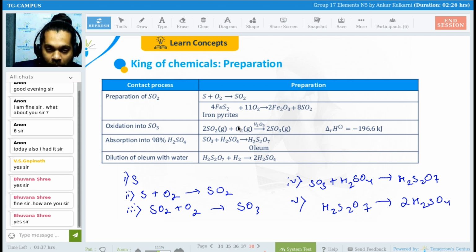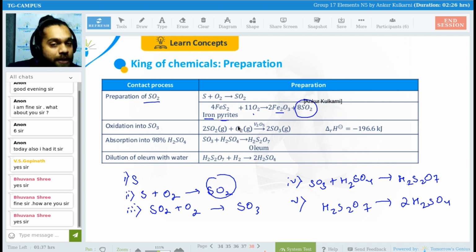This is how simple it is. First we prepare SO2. Generally, we prepare it from the ore. I hope we have understood the metallurgy chapter very well. Iron pyrite is the ore of Fe. When we oxidize the iron pyrite, oxygen replaces the sulfur and sulfur dioxide comes out.